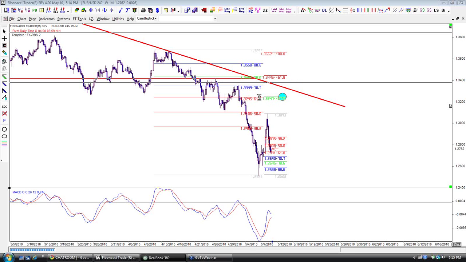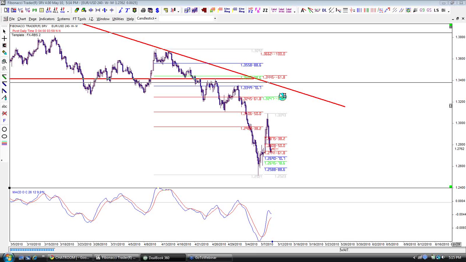One at the 618 with 127, and then we have another convergence at 786 with 1618. Now those levels are levels with high probability, and what I mean by high probability is that there's a big chance that price will reverse at those levels.